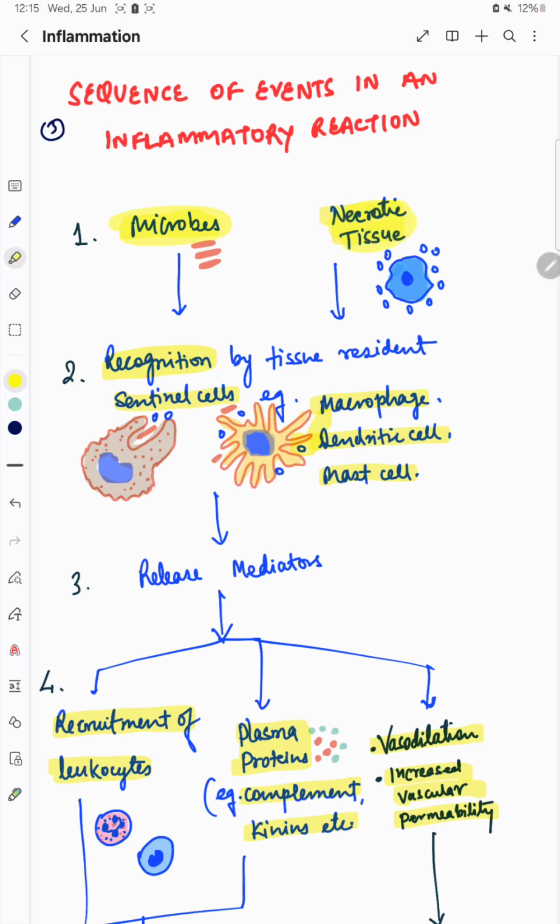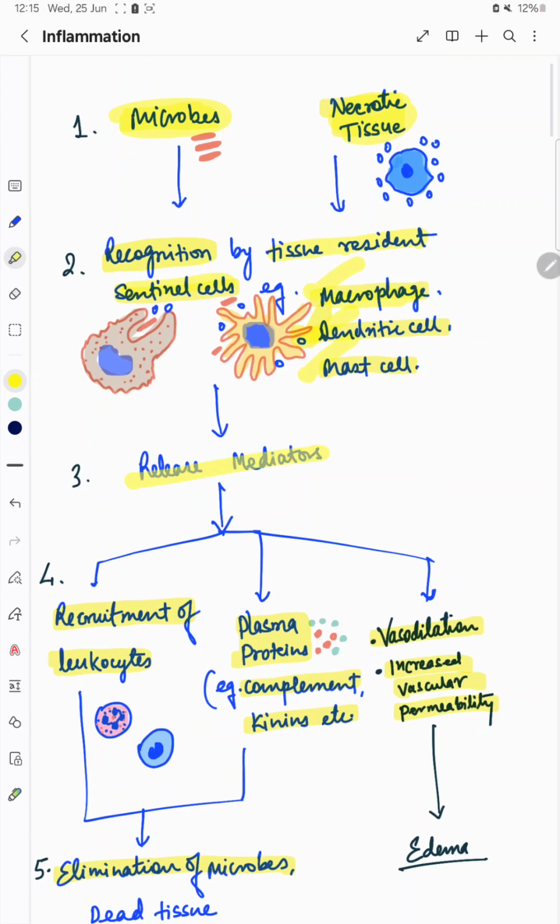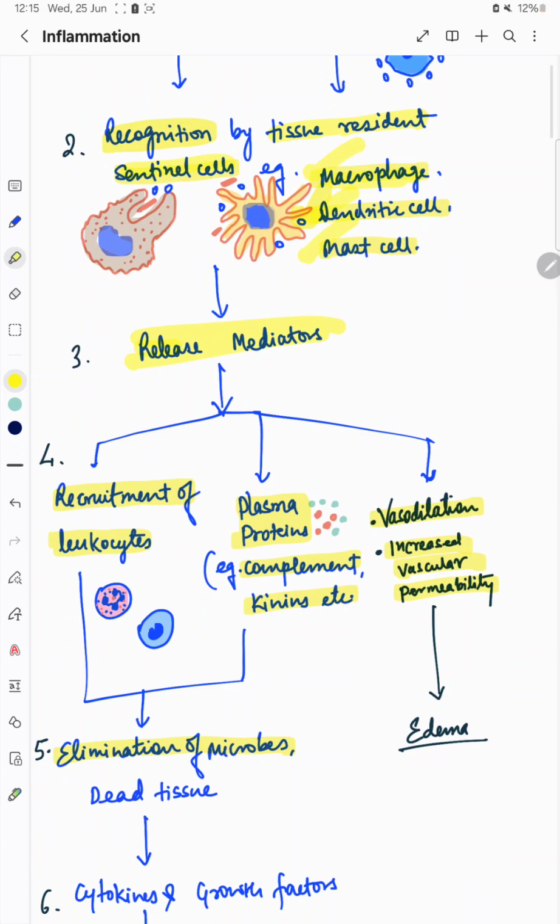They are recognized by tissue resident macrophages, also known as sentinel cells. For example, macrophages, dendritic cells and mast cells recognize these necrotic tissues or infective microbes. After the recognition, they release various mediators, which result in various actions.